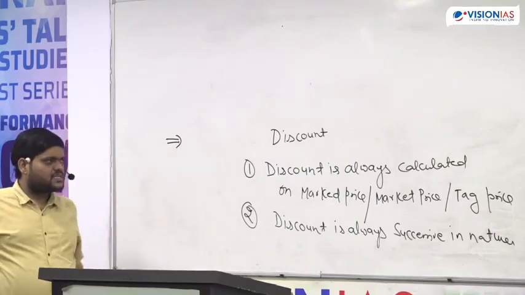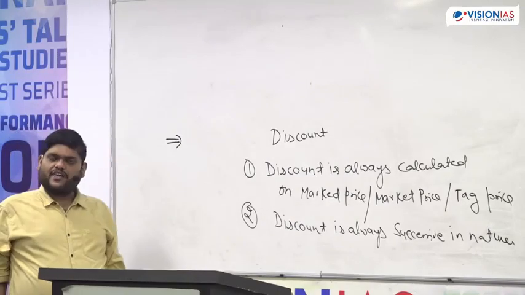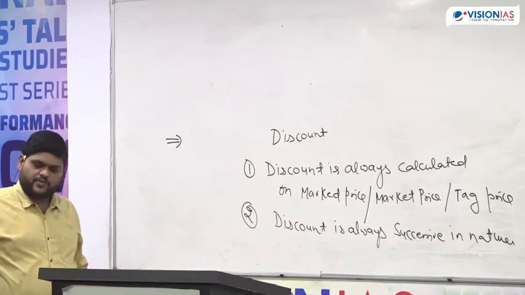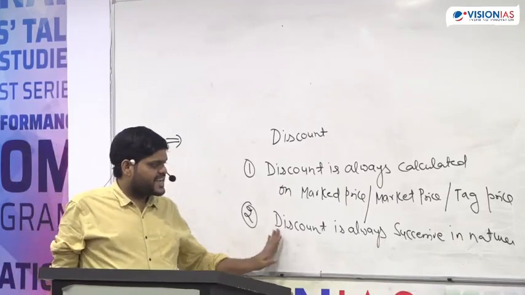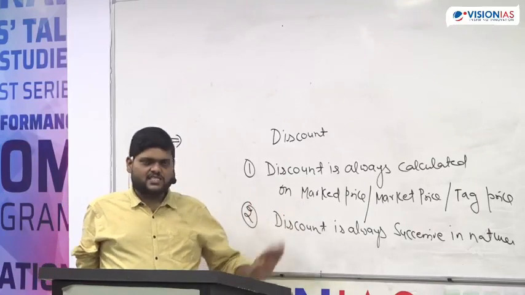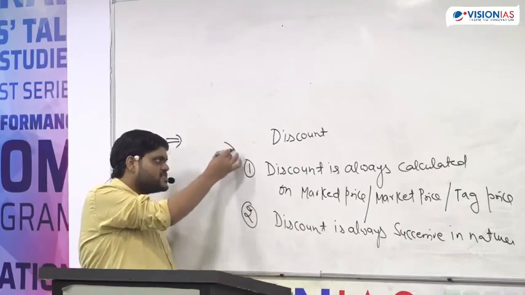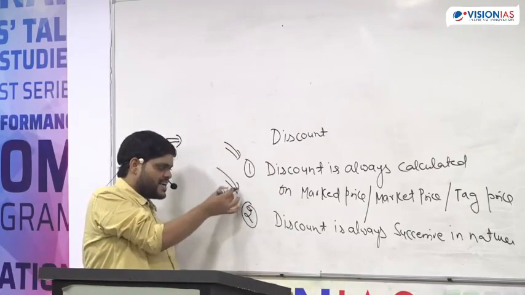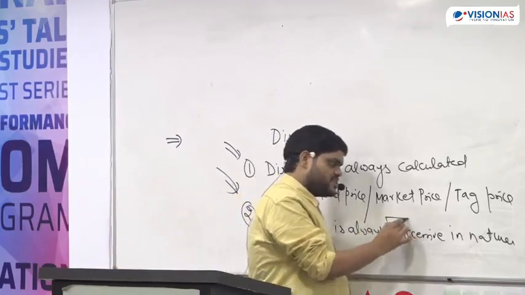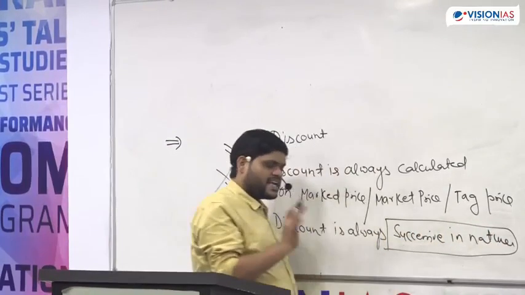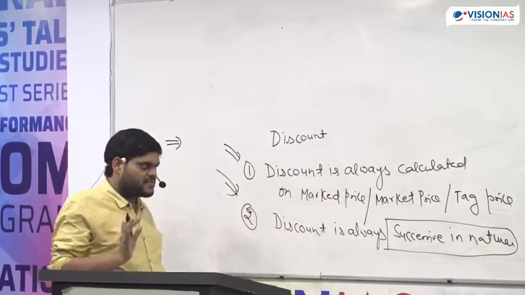The first thing is discount is always calculated on a mark price. What is the meaning of this? I will tell you. Just wait. Second is discount is always successive in nature. These two concepts you should understand. What is the meaning of successive in nature? Successive, decrement, increment, I have told you. Same logic will be applied here.